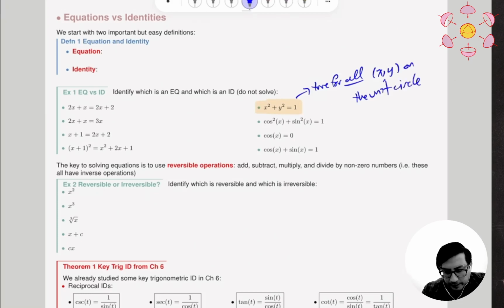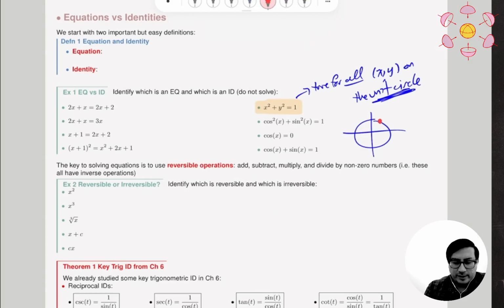So if all we care about is the unit circle, then as long as we're on that, the coordinates of the point on the unit circle, (x, y), let's draw a quick picture here, those coordinates will satisfy this equation. So that makes it an identity.